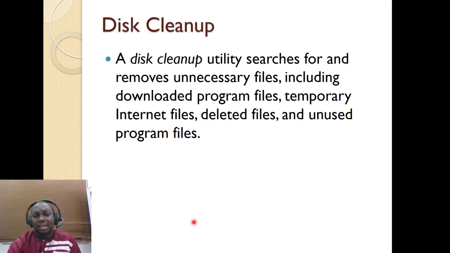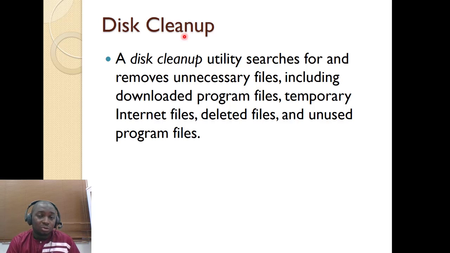Then we have the cleaner. The disk cleaner is very important. Now, talking about the disk cleaner, among the utility programs that we have in our machine, we have the disk cleaner, which has the capability of cleaning unwanted files.